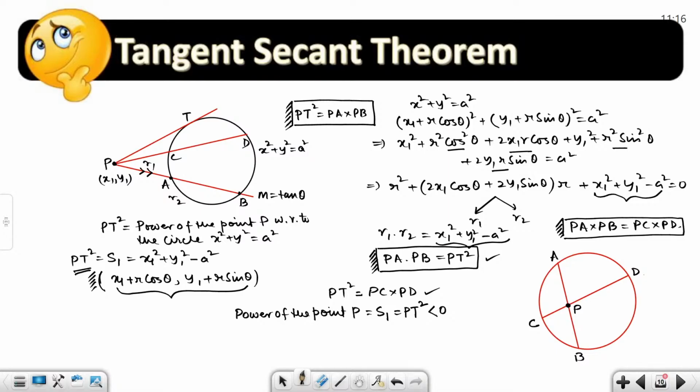Think in that way. But still the power of the point exists. You are getting a negative value, but it exists. And which will be same as your PA into PB, if you consider the chord APB. But if you consider the chord CPD, in that case also it will be PC into PD, which are both equals to your S1.